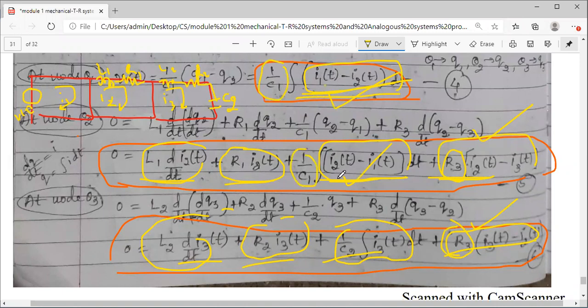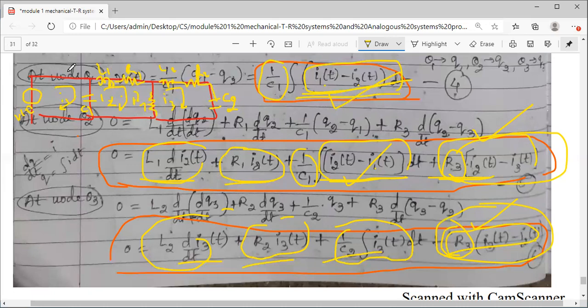So I1 and minus I2 or I2 minus I1 indicates first and second loop में they are shared. So first and second loop in between C1 is shared. And if you see R3, that is I2 minus I3 or I3 minus I2. So R3 is shared element between second and third loop. To connect a resistor R3.